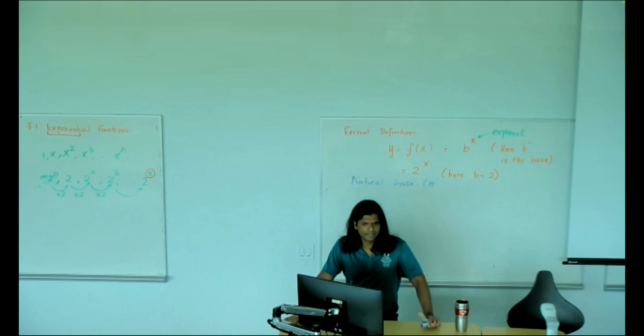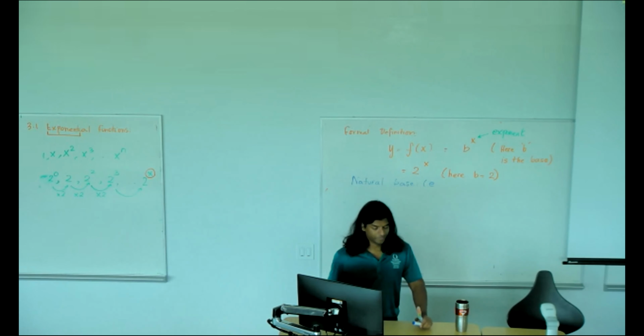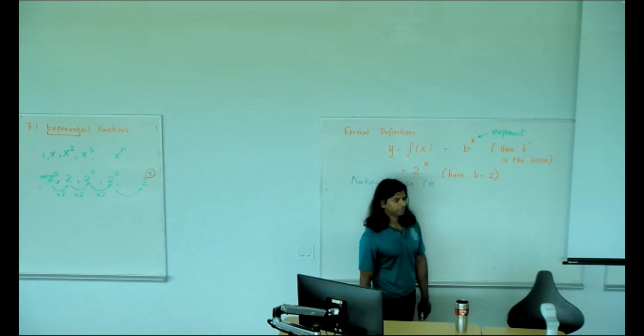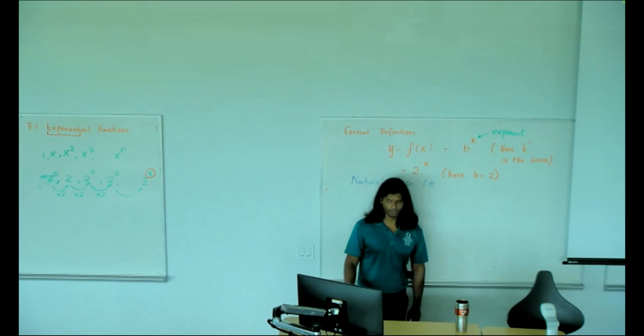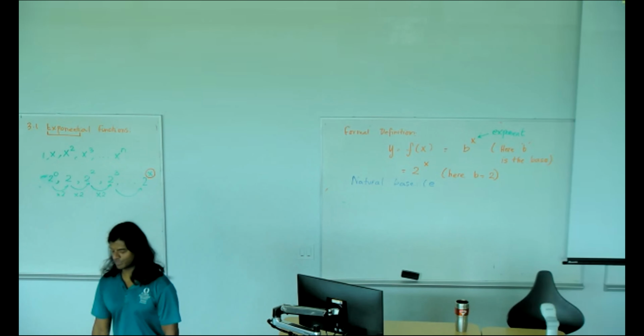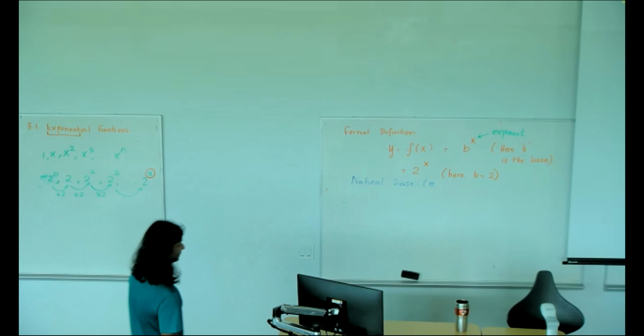We all know e is a letter in the alphabet, but it's also a natural number. Do we know what its value is? Pick up your calculator. Type e raised to x. Type e and raise it to the power of 1. You will get the value 2.718.